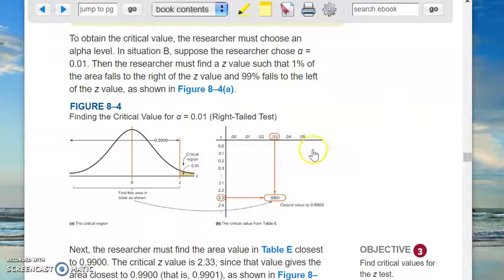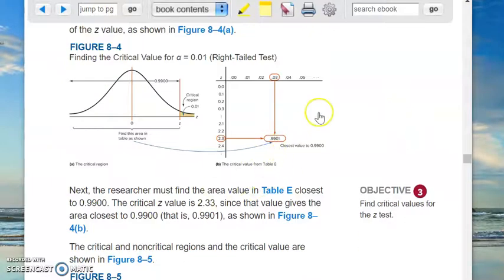So you decide what that critical value is by looking at the Z value in the tables. What you do is you go to the tables, and this is kind of an abbreviated version, but you've got the tables in the back of your book, and you find out, okay, what's the critical value for Z? For what value of Z is it only 1% to the right and 99% to the left?